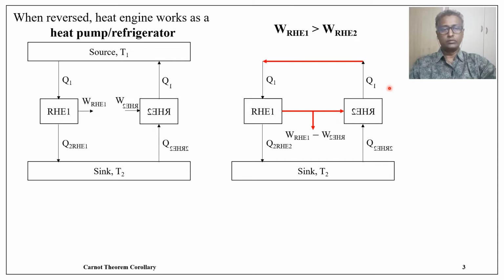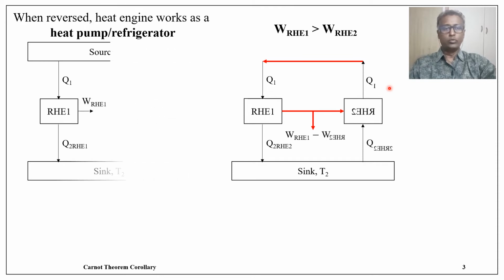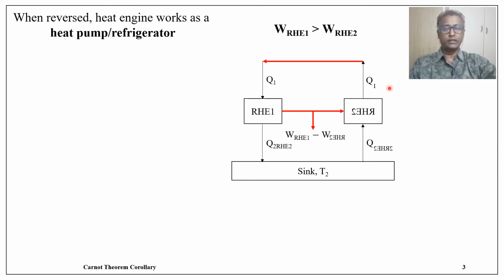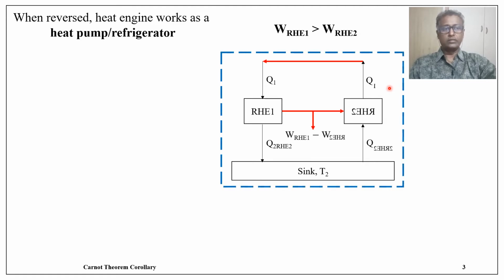Now, remove this first schematic. Consider the one appearing on the screen. This can be enclosed into a control volume, or we can focus our attention over there, wherein we have two devices. One is a reversible heat engine, another one is a reversed heat engine.